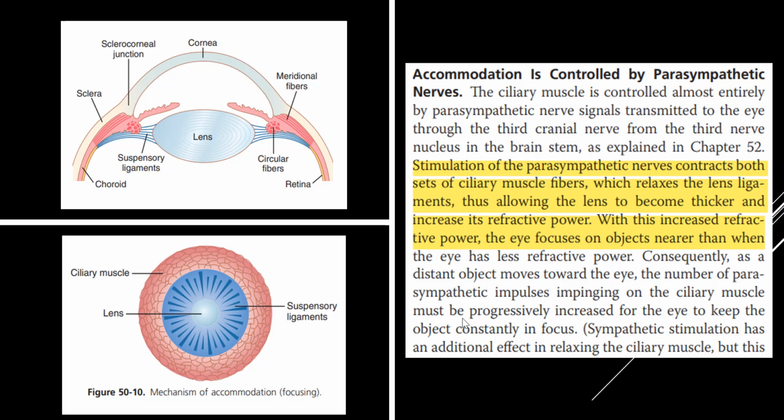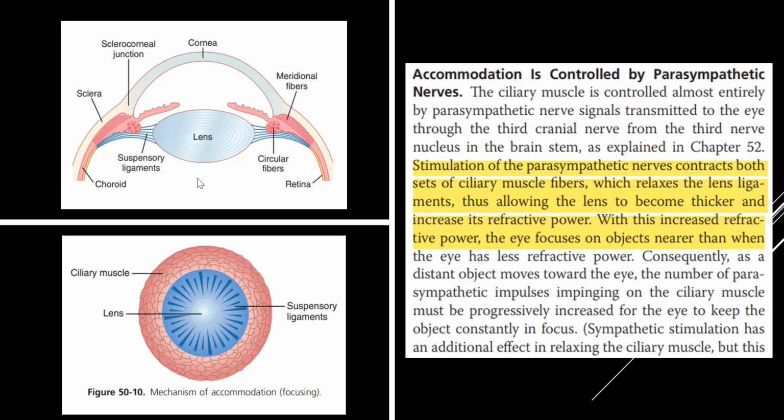What will happen? We have the ciliary muscle attached by suspensory ligaments, and these suspensory ligaments are attached to the lens. We want this lens to get thicker, to have more refractive power, so you can see far objects.